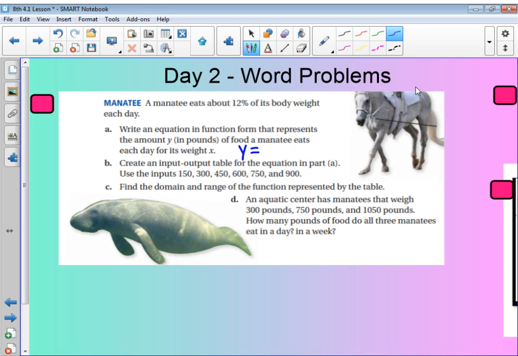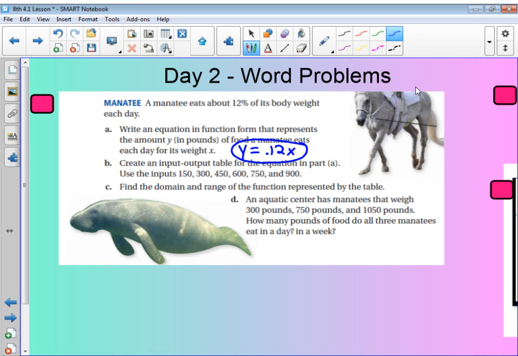So y equals 12%. So I'm going to write that out as 0.12 of its weight x. Here's our equation. Now you could write 12%, but you have to understand that when you go to do this, you actually have to use 0.12.